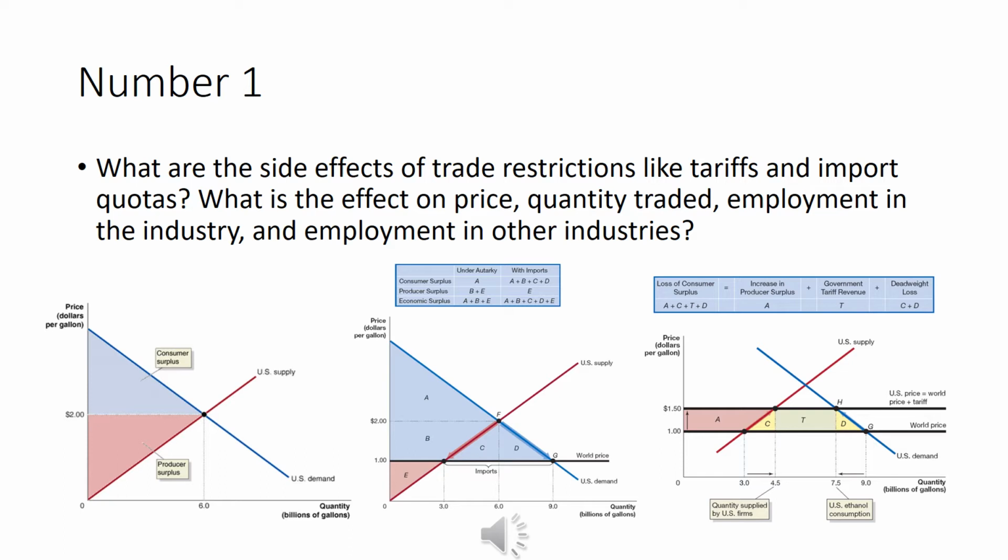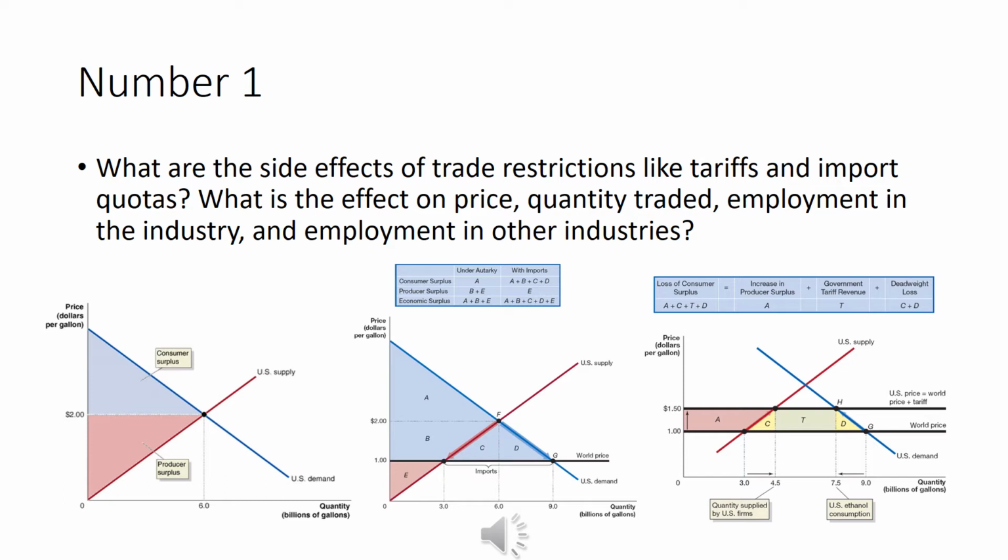So everything above the world price, all those trades that are taking place, are going to be captured by consumers as consumer surplus. And now the producer surplus for the United States producers is going to be reduced from B and E to just E because it's being sold at the lower world market price.